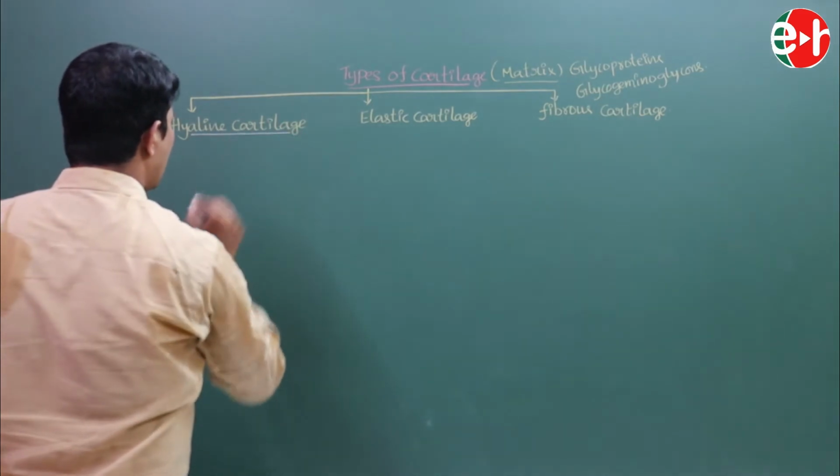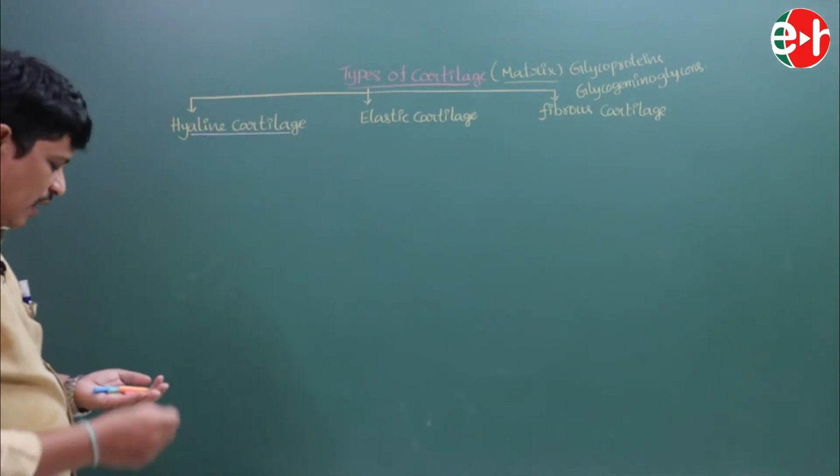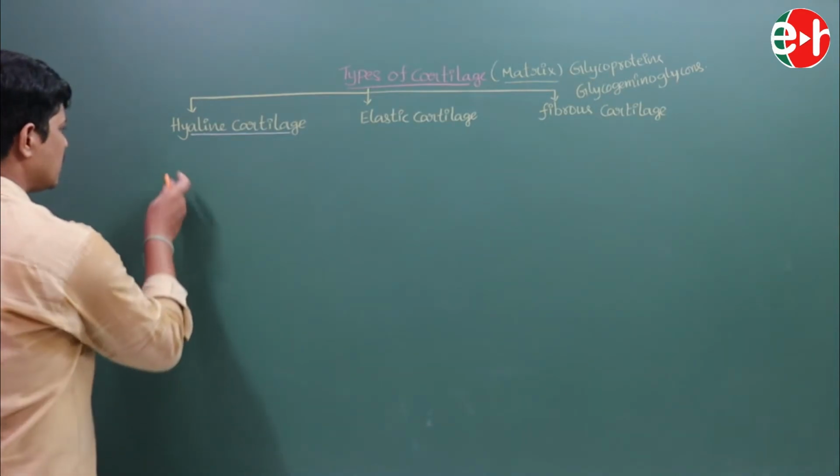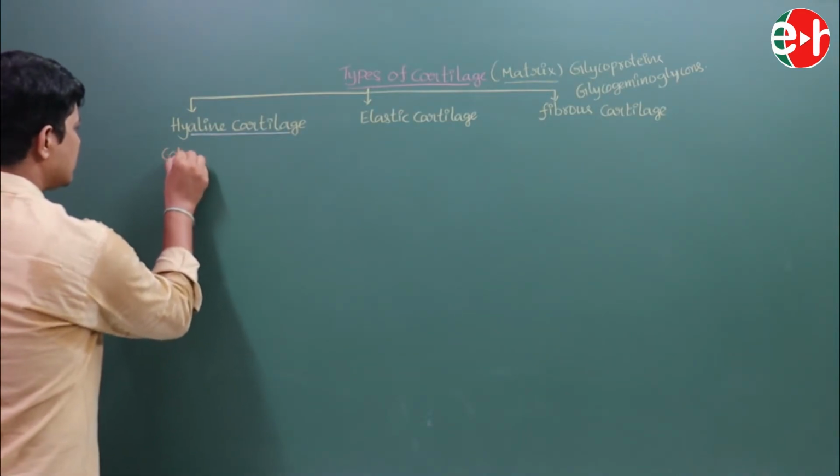First one, hyaline cartilage. This hyaline cartilage contains collagen fibers.